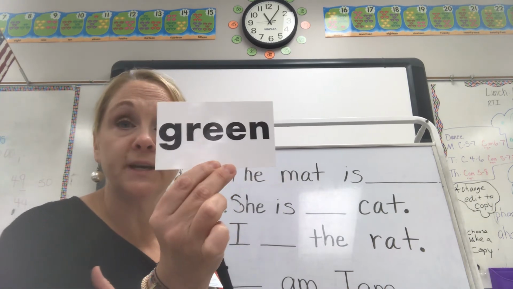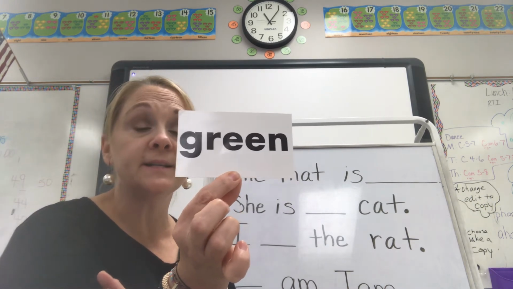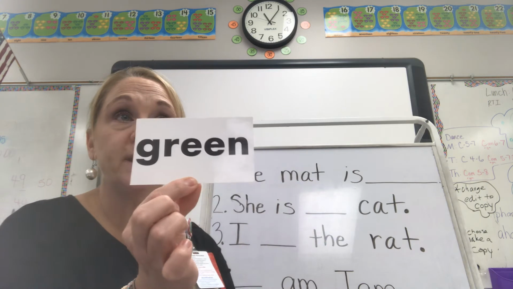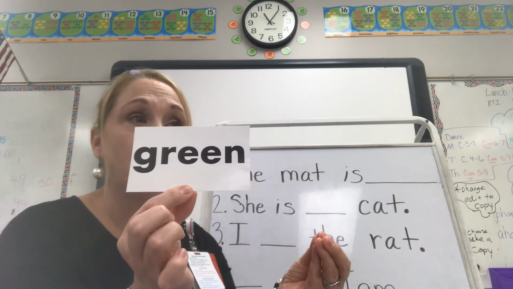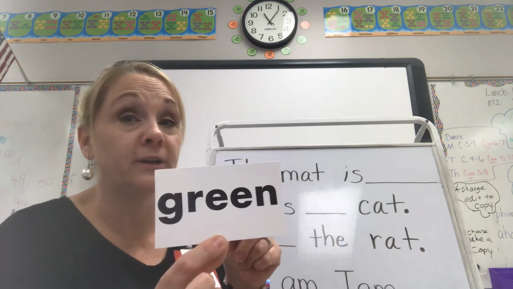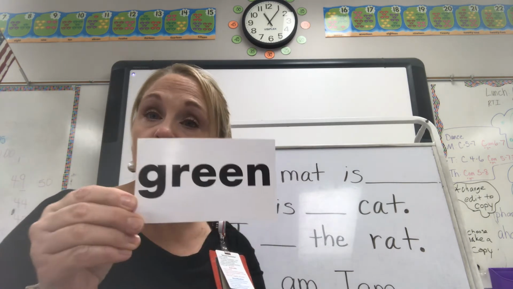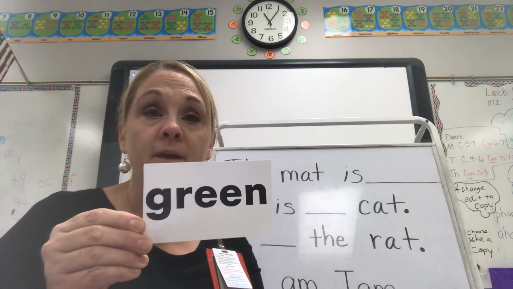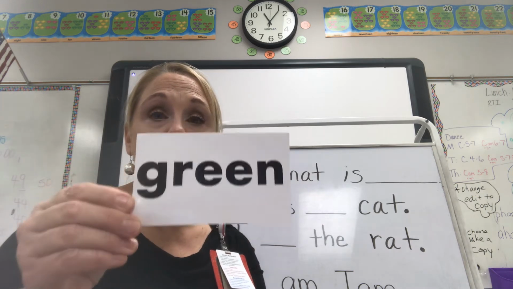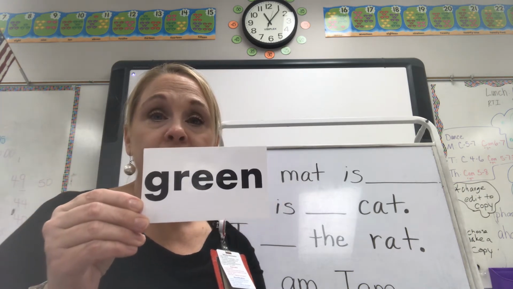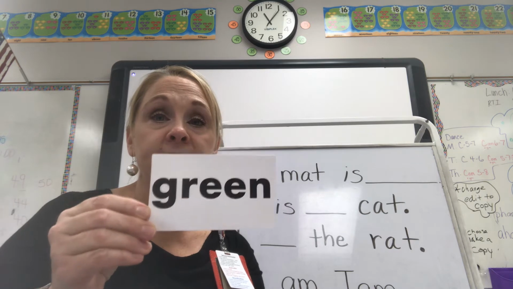How could we use green in a sentence? Green is a describing word, so we could use green to talk about a noun, which you're learning about this week. So we could say, I see a green frog. The grass is green. The top of the tree is green.